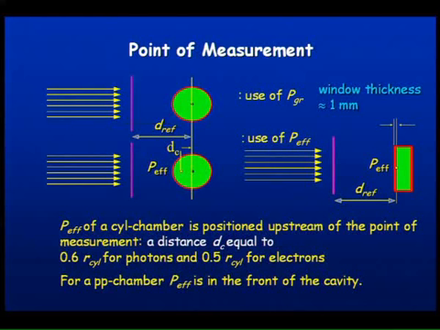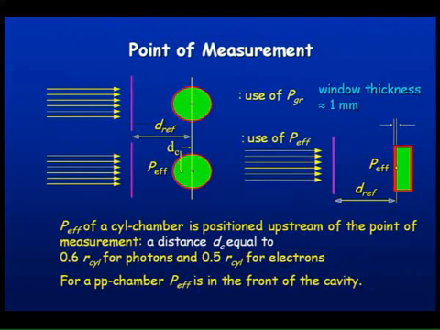That brings us again to the concept of effective point of measurement, and that concept is important because it's used for the measurement of beam quality, and again, there was a lot of discussion about it yesterday. So what happens when a chamber with a cavity is placed in a medium? Alan Nahum told us yesterday that there are two effects. One is perturbation by the cavity of the electron fluence that enters the cavity, which is accounted for by the fluence correction factor.